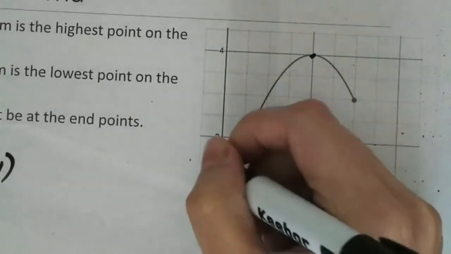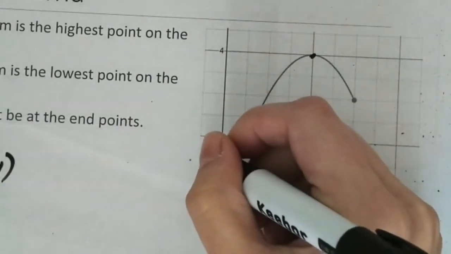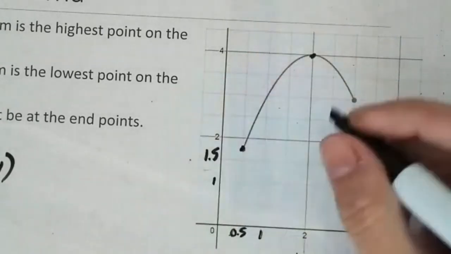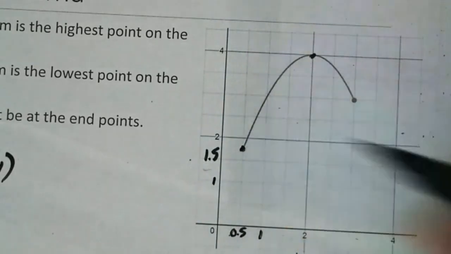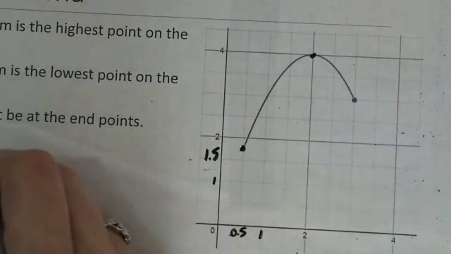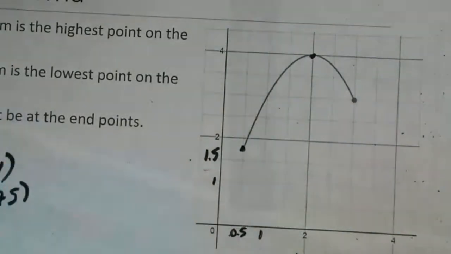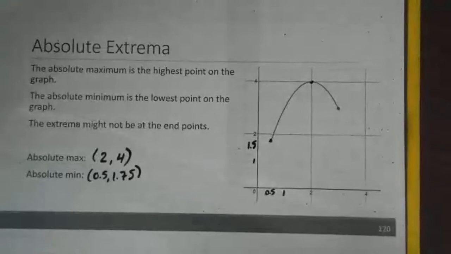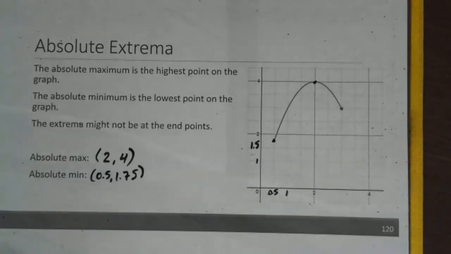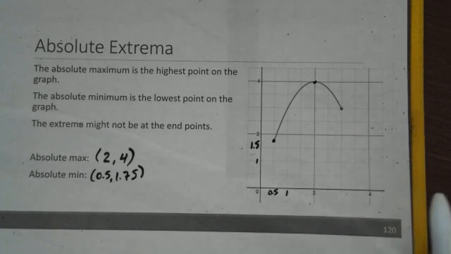So that makes this one 1/2, geez. But I'm halfway between 1/2 and 2, which makes that 1 3/4, or 1.75. So our absolute minimum is going to be at 1/2, comma 1 3/4. You can use fractions, you can use decimals, it doesn't matter. As long as you understand this idea of the absolute extrema are the absolute highest and the absolute lowest points.